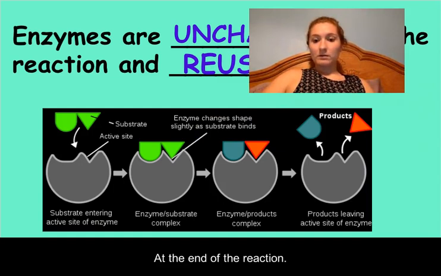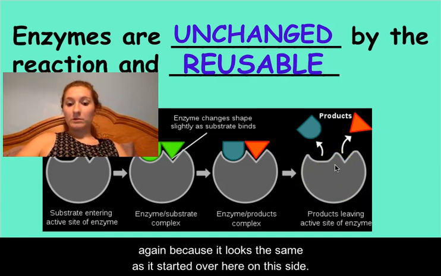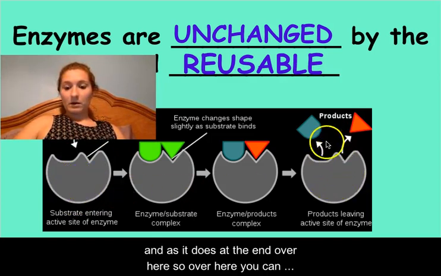All right, at the end of the reaction over here, the enzyme is unchanged and it should be able to be reused again because it looks the same as it started over here on this side and as it does at the end over here.